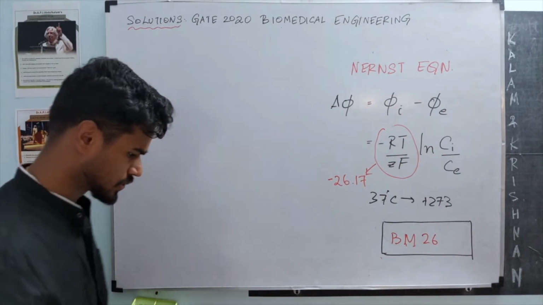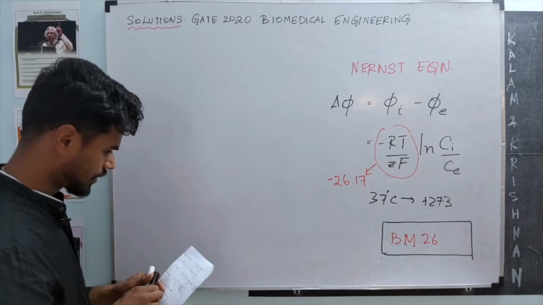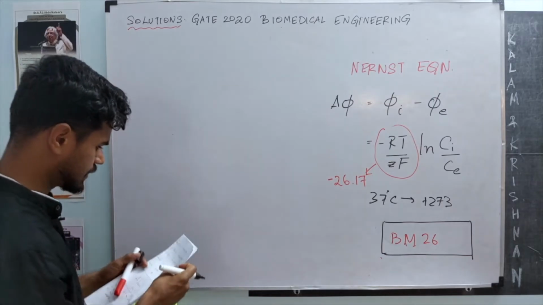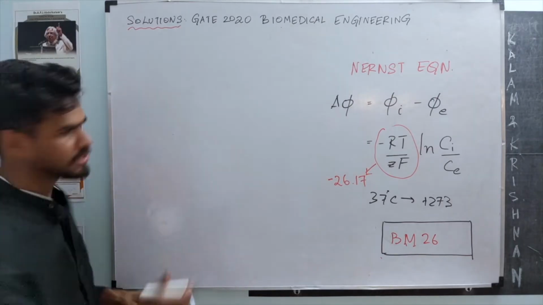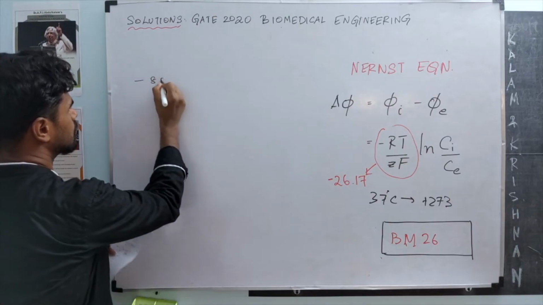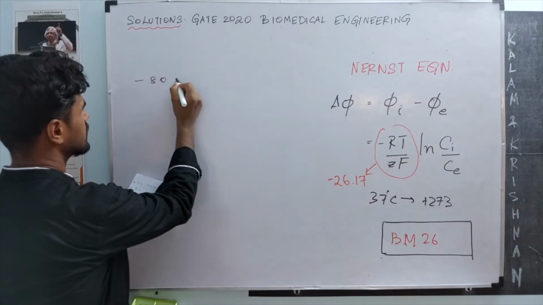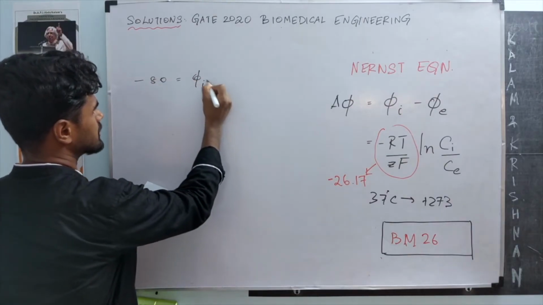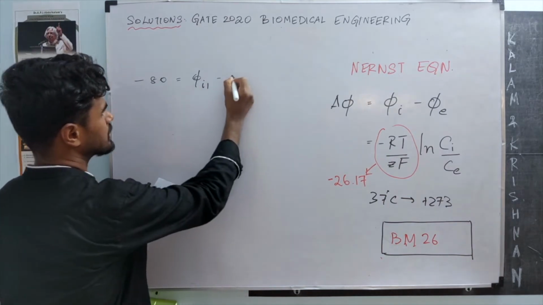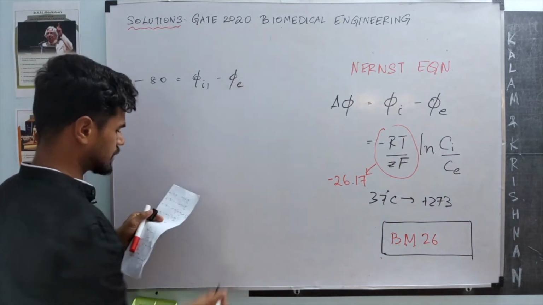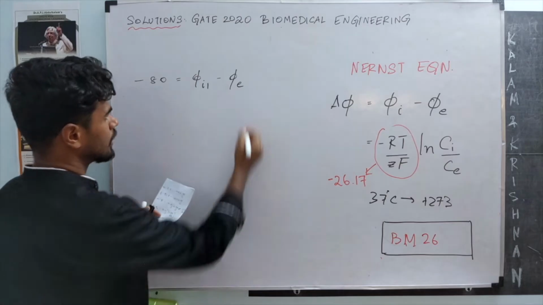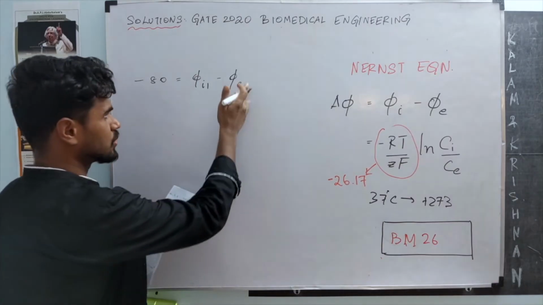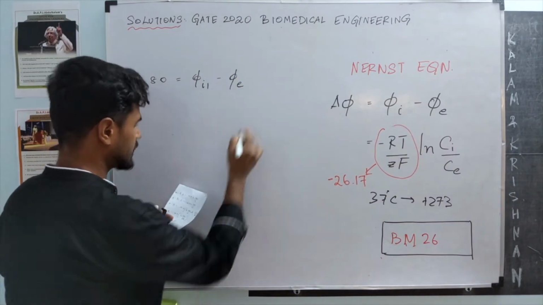Let me write down things clearly. Initially the resting potential is minus 80 millivolts, which is phi intracellular initially minus phi extracellular. The extracellular concentration doesn't change, so I am supposing phi E remains the same.